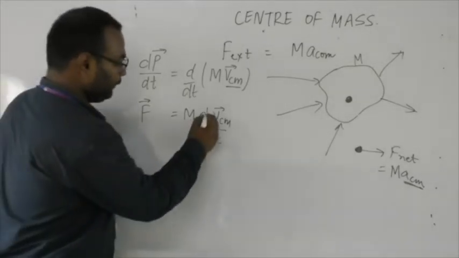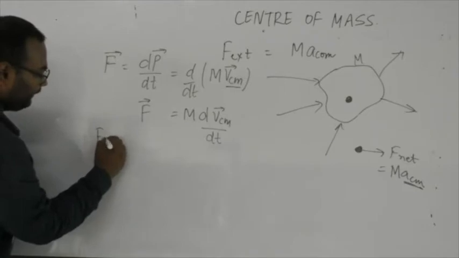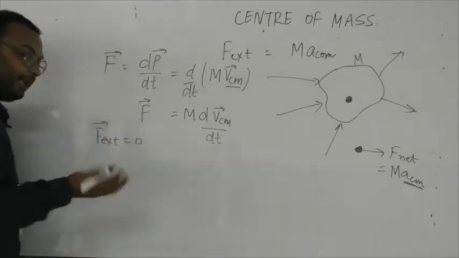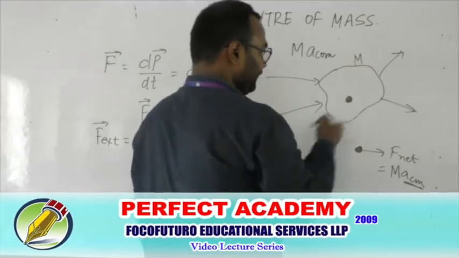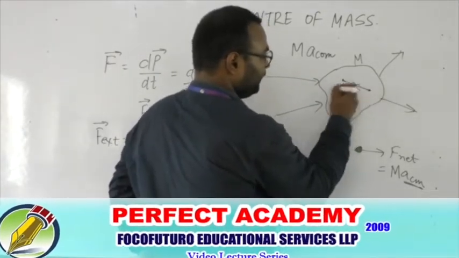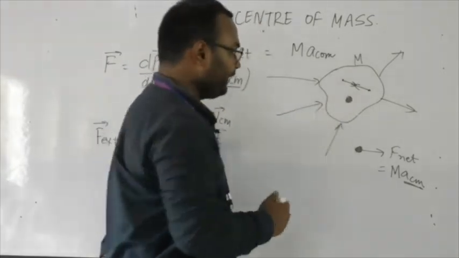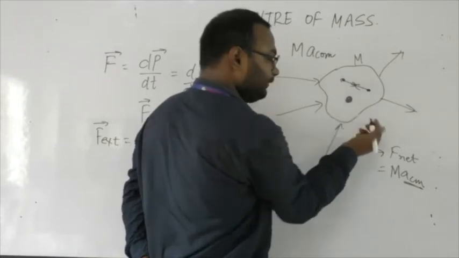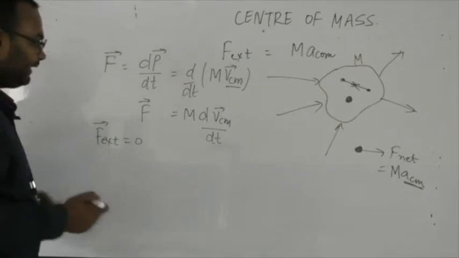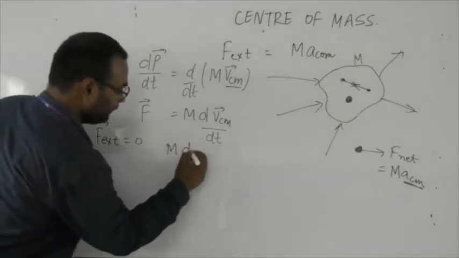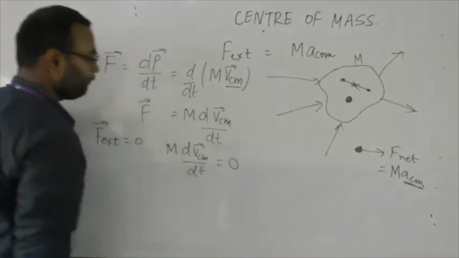Now, when external force becomes 0, there may be internal forces. There may be internal forces between two particles, say interaction forces. They add up to 0 when you take all the particles here. So internal forces may be present, but net external force is 0. Then you can say that M dv_CM by dt is 0.